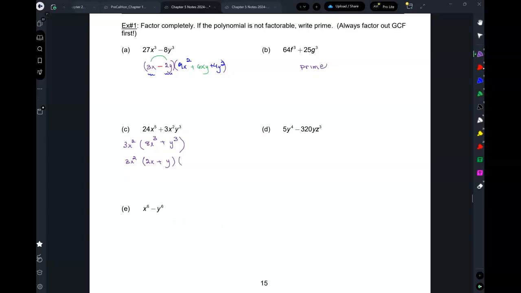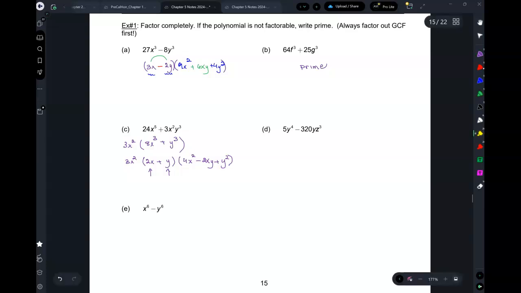Now here, look up here. Square, multiply, square. That's what we got to do. So 4x squared. Then multiply the two of them, 2xy, but that has to be negative. And then y squared. So look.